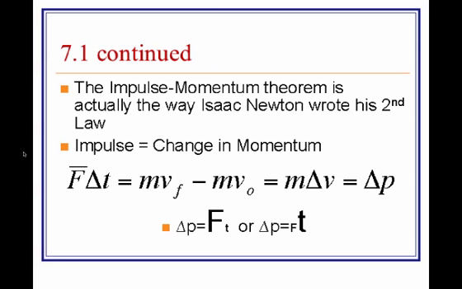Or you can have a smaller force over a much longer period of time. This would be, say, a bowling ball being dropped into a pool. Now, in each one of these cases, you have the same change in momentum, but the force applied is different. This is where we have a lot of safety applications for airbags and different things like that.